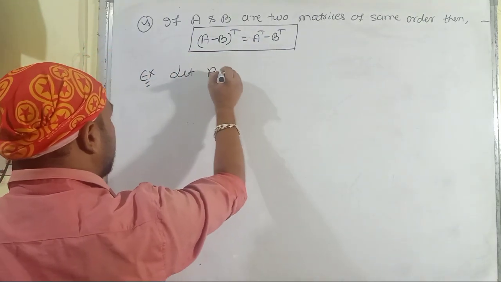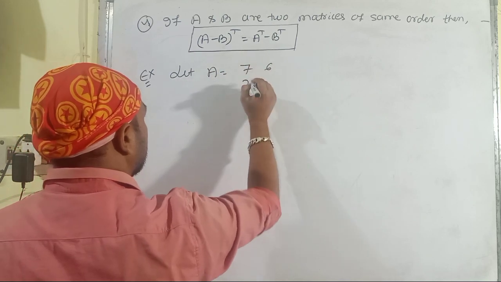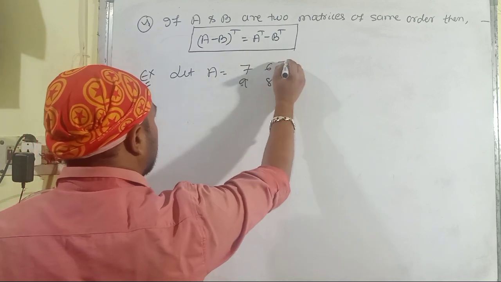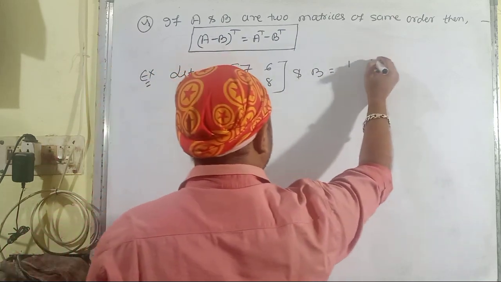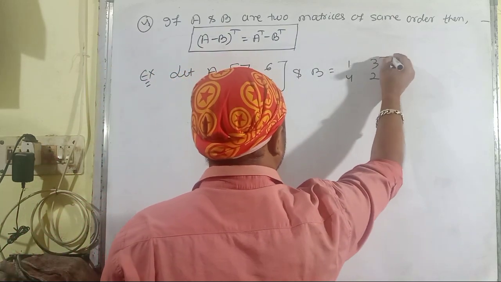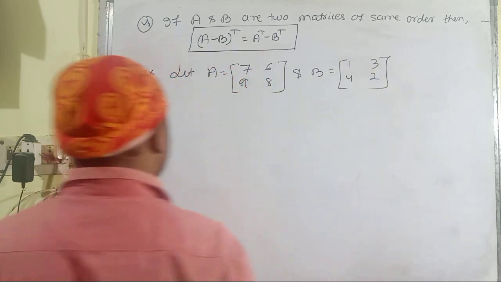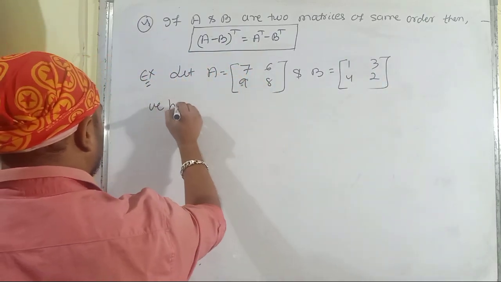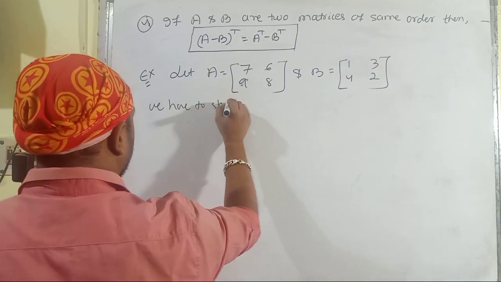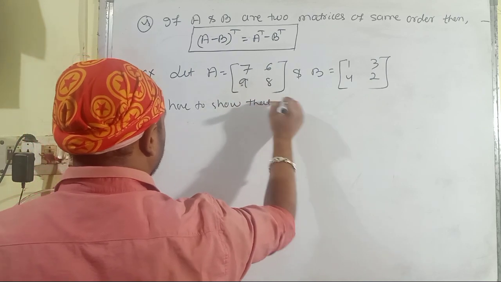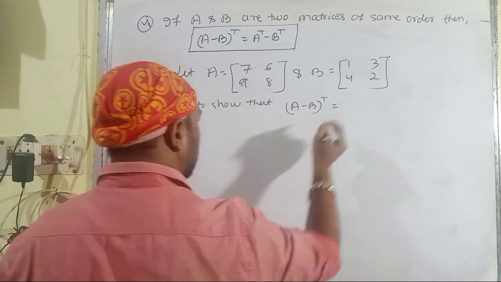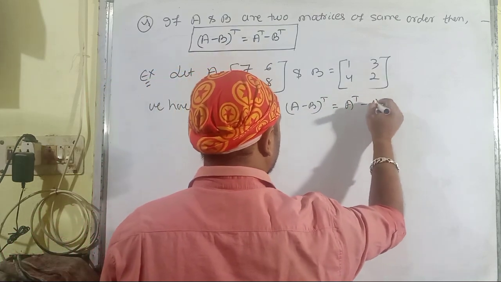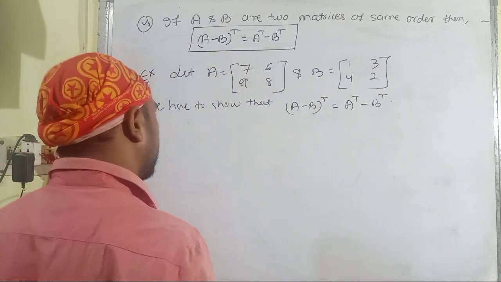Let A is equal to 7, 6, 9, 8. And B is equal to 1, 3, 4, 2. Okay. Then we have to show that the transpose of A minus B is equal to A transpose minus B transpose.